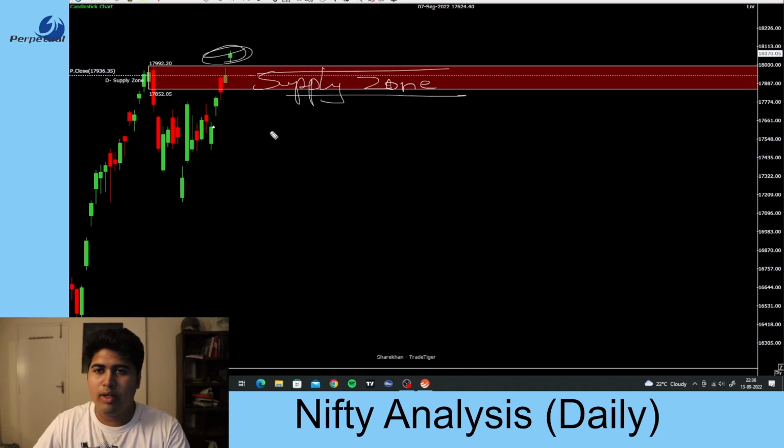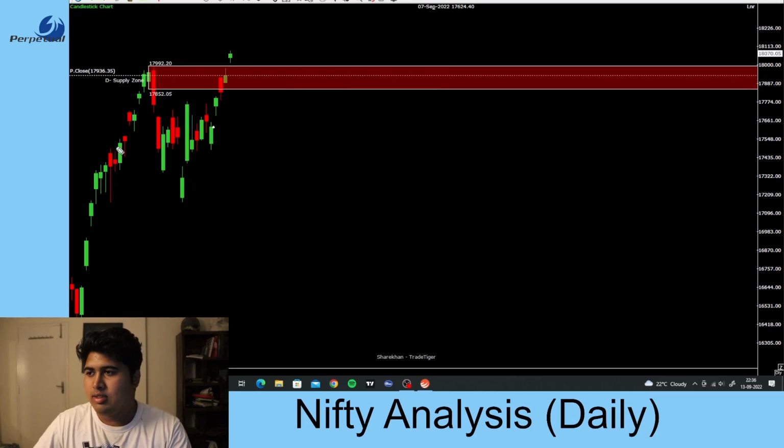So what you can see in this particular chart is that the supply zone that we had marked has not worked very prominently, but also it proved to be a good resistance, and it also proved to be a level that can be broken in order for the market to make some highs and in order for the market to set a trend. So which is exactly what has happened. This supply zone might have not worked on the daily chart, but I will show you where it has worked.